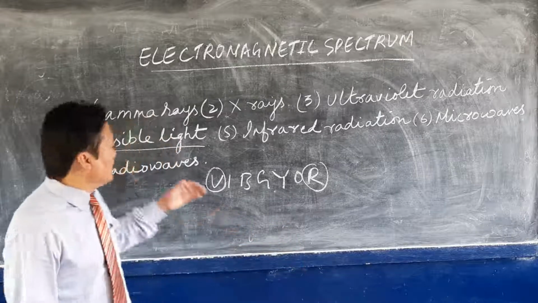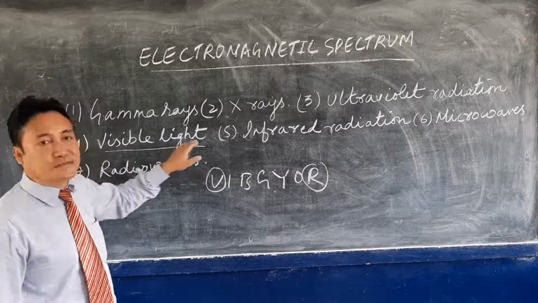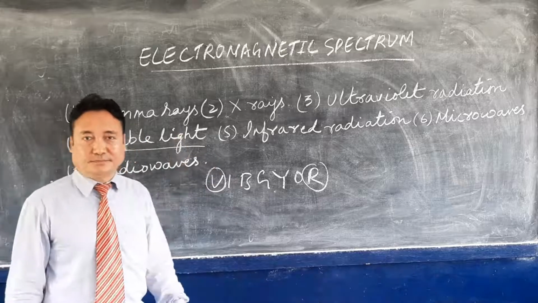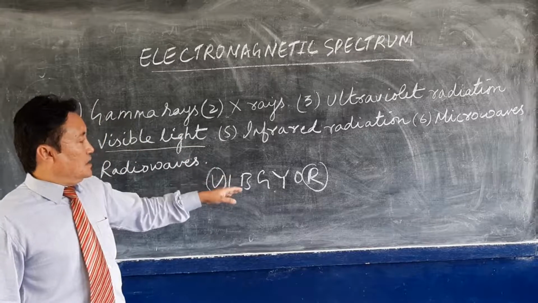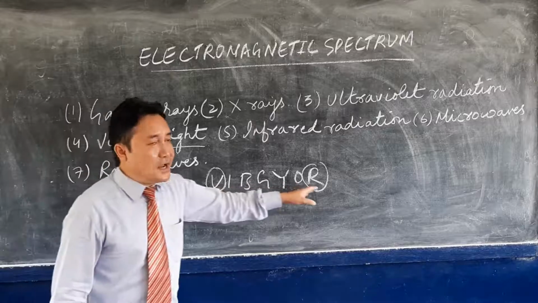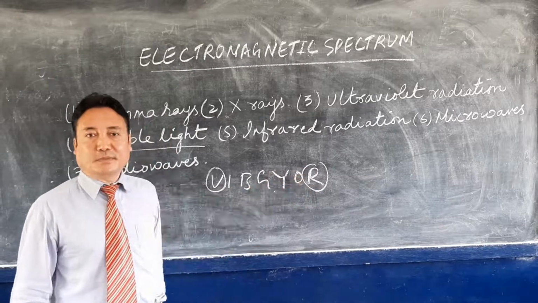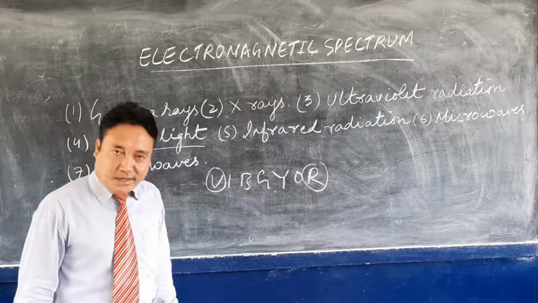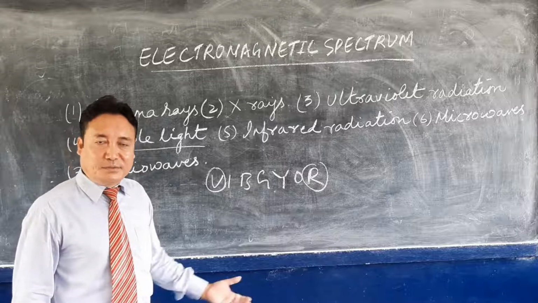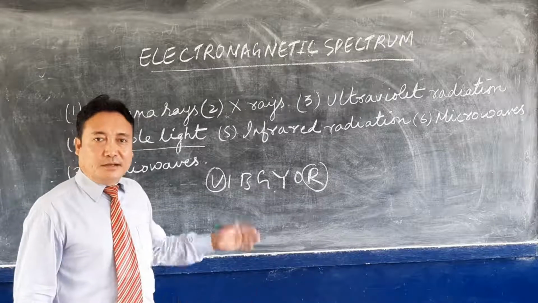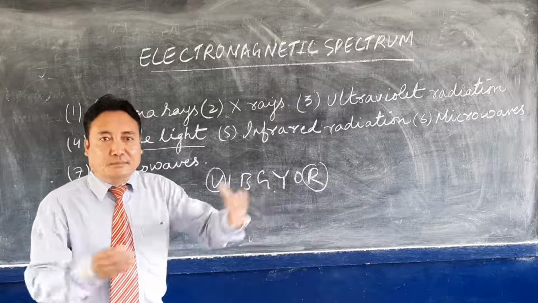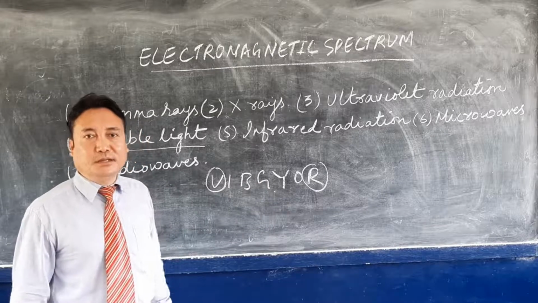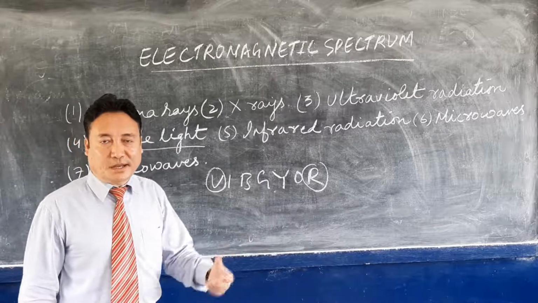These 7 colors we call visible light, because we can see those colors. Beyond violet and red there are also light rays which we cannot see.